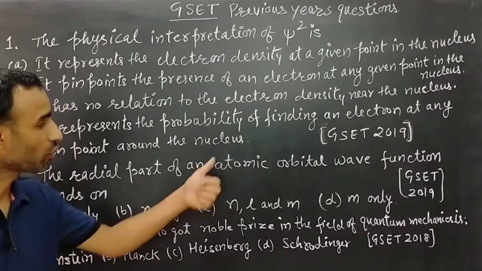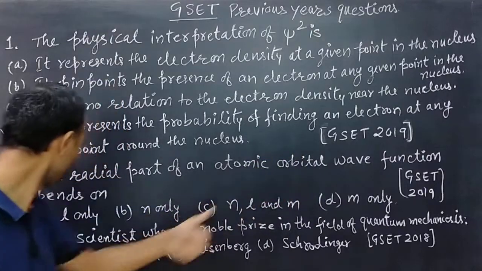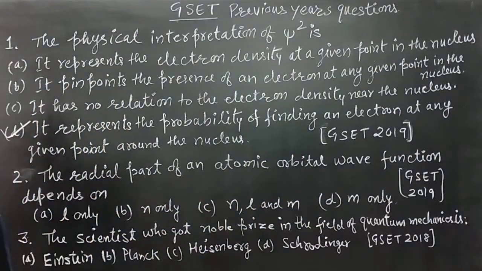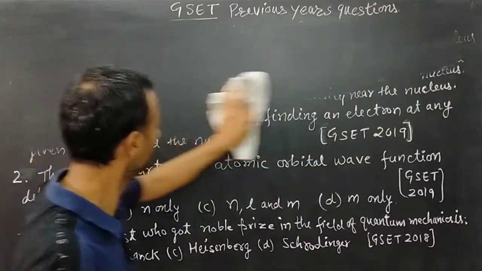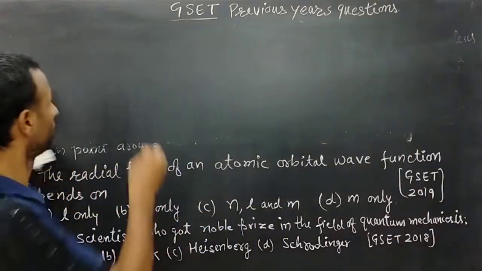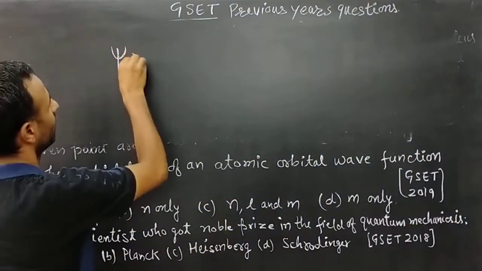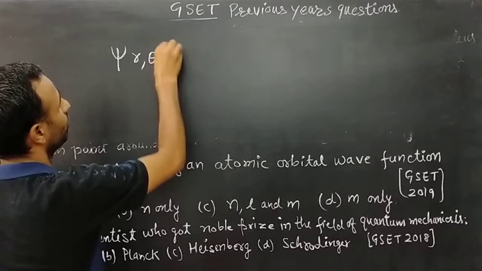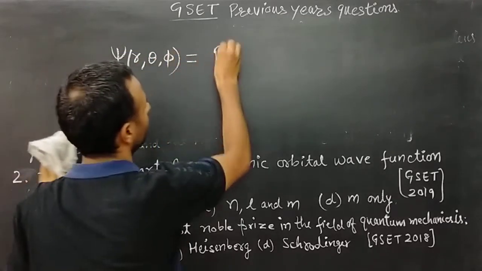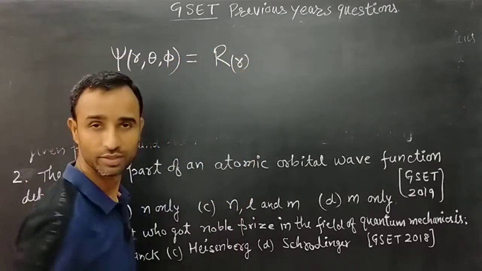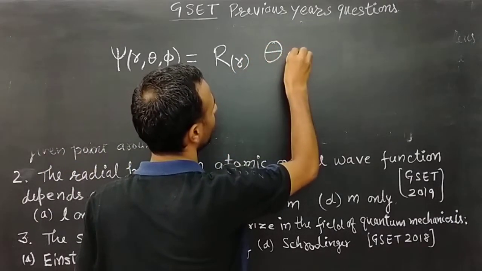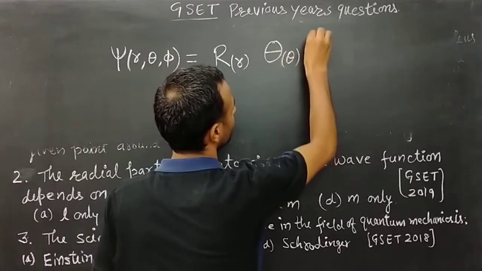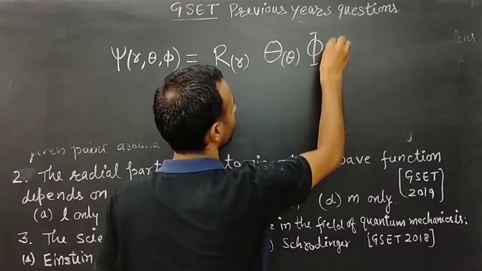Second question. The radial part of an atomic orbital wave function depends on. So you know, psi has two parts, a radial part and angular part. Psi r theta phi has a radial part that depends on the distance, and angular part that depends on theta and phi.